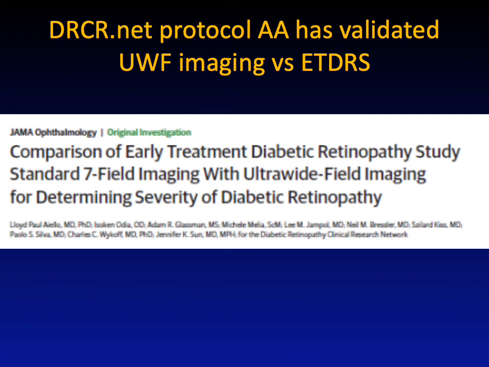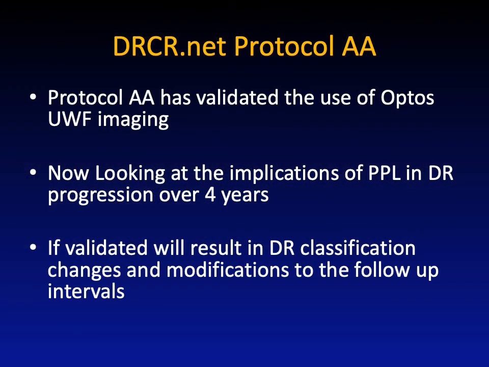These results were so fascinating that the drcr.net designed a specific protocol called Protocol AA to validate these results, and the first manuscript from this prospective study has already been published and confirmed previous findings regarding the diabetic retinopathy grading. So Protocol AA has already validated the use of Optos ultrawide field imaging in terms of agreement rates and in terms of the detection of peripheral lesions.